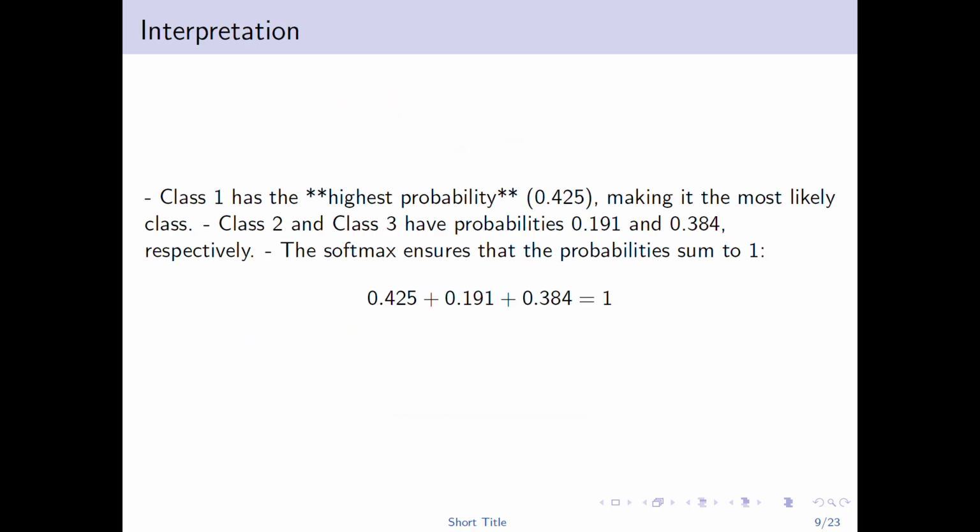Class 1 has the highest probability, making it the most likely class. Given the inputs, the features are more likely to be in class 1 rather than in class 2 or class 3. The softmax also ensures that the probabilities sum up to 1. When we sum all the probabilities, we get 1.